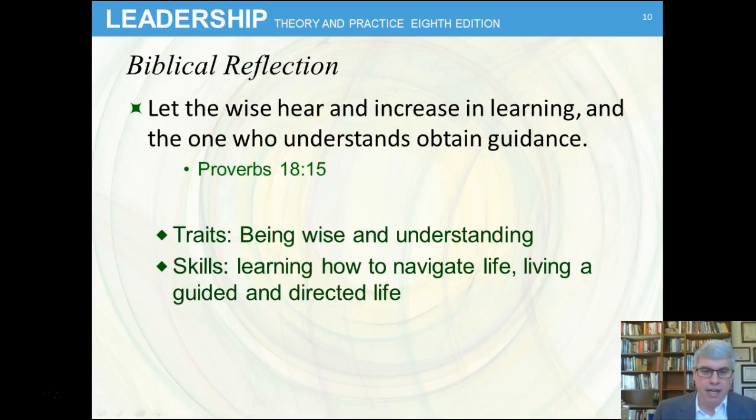So here on the one side, we've got traits, this being wise and being an understanding person, someone that wants to get information, who wants to understand things. And having those traits, if you put them into practice, will yield skills such as learning how to navigate life in general, or living what could be considered a guided and directed life, a life that God wants us to have, a life that's directed by Him. And that's the best type of life that we can possibly experience.